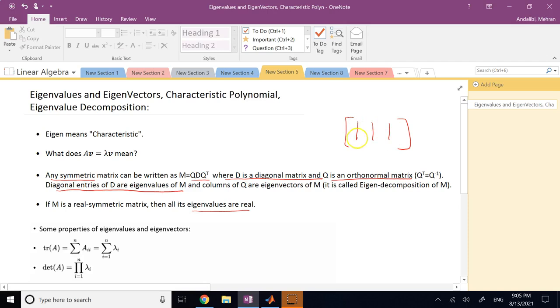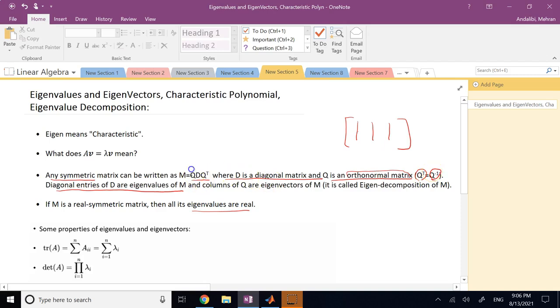So all columns are unit vectors, and they're all perpendicular to each other. If a matrix is orthonormal, like the rotation matrices that we have in robotics, then you can show that the transpose of the matrix and the inverse of the matrix are the same thing. And also the determinant of the matrix is +1 or -1.